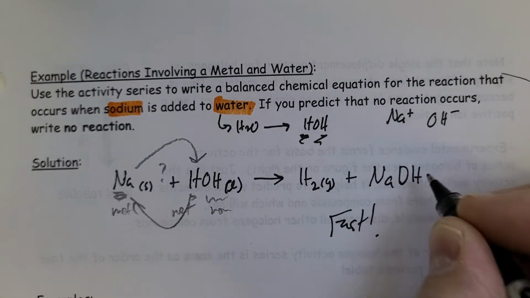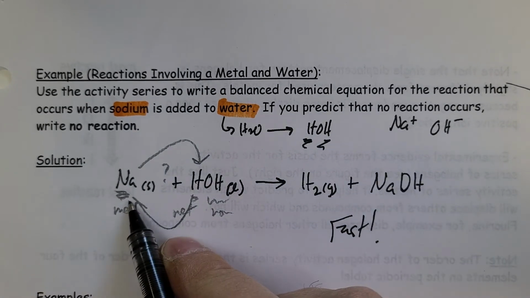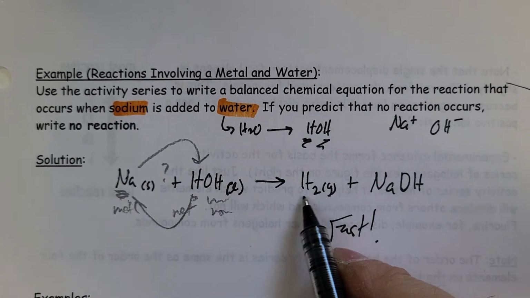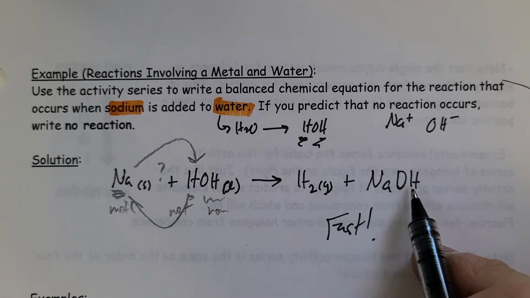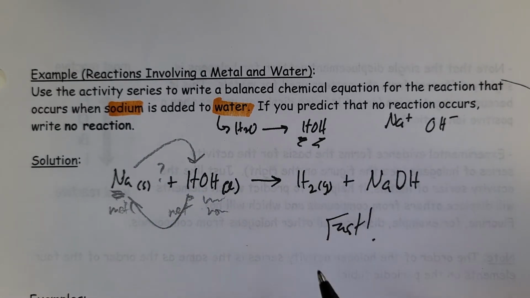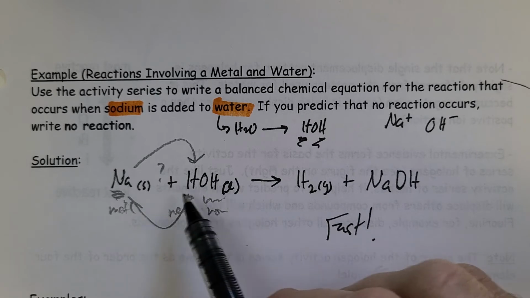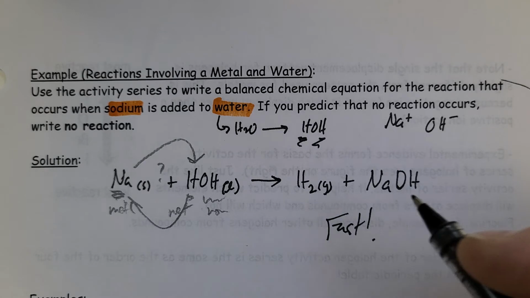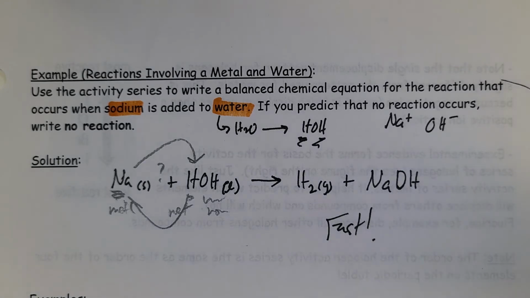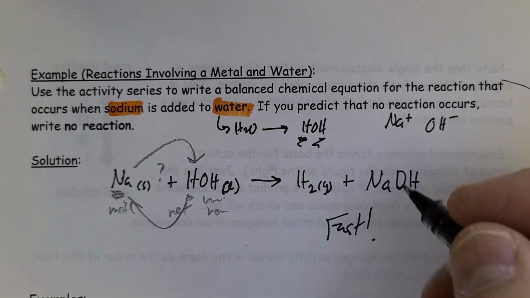Easy. So 1 sodium, 1 sodium. 2 and 2, but oh, we have our hydrogen here. And we'll run into a problem here because water will always give me 2, 4, 6, 8 hydrogens. The sodium hydroxide is always going to give me an odd number of hydrogens.